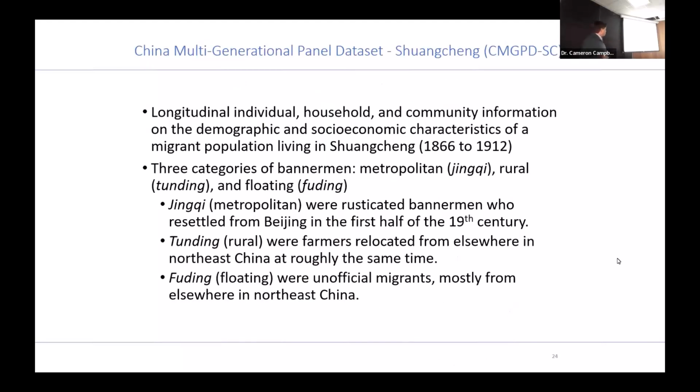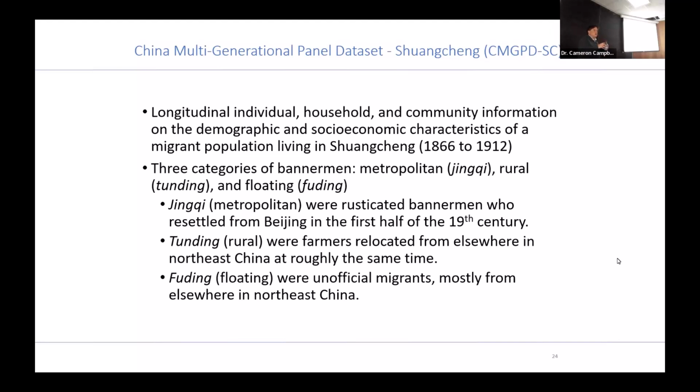The Shuangcheng data is quite interesting for studying stratification and inequality, because, as I mentioned, one of our students, Chen Shuang, wrote a book with it. But this is the unusual population I mentioned yesterday.